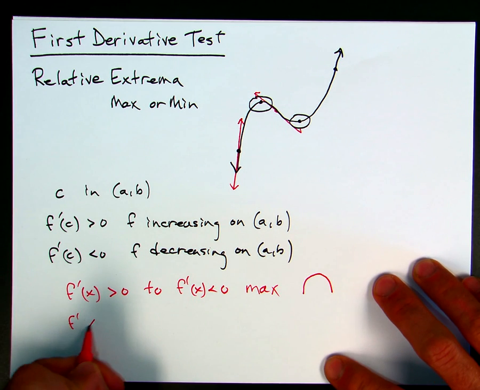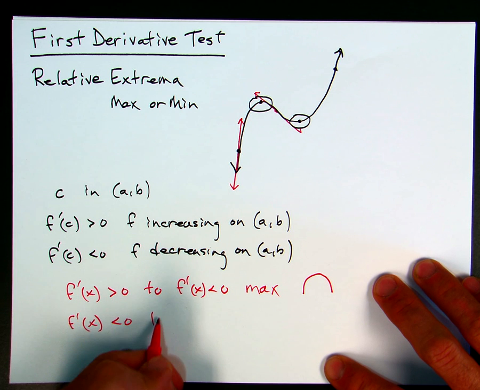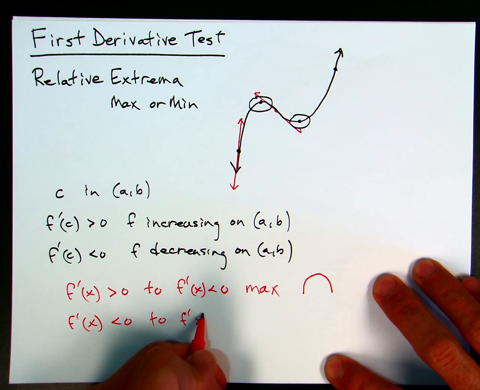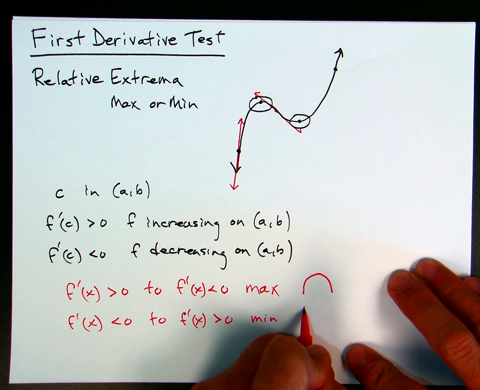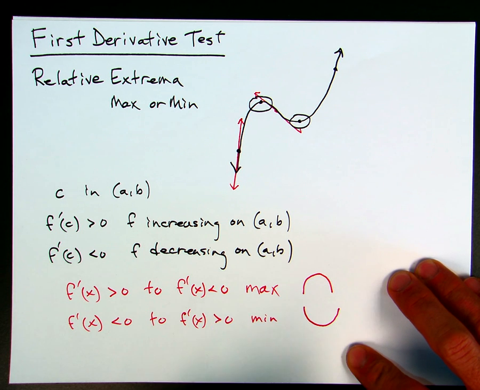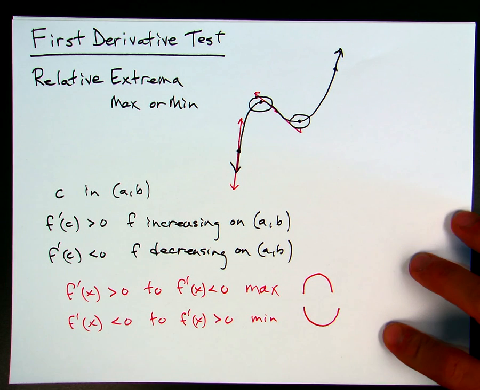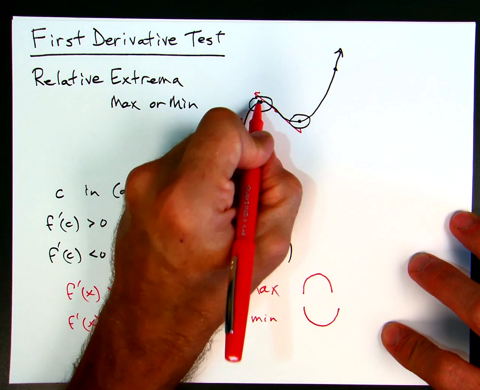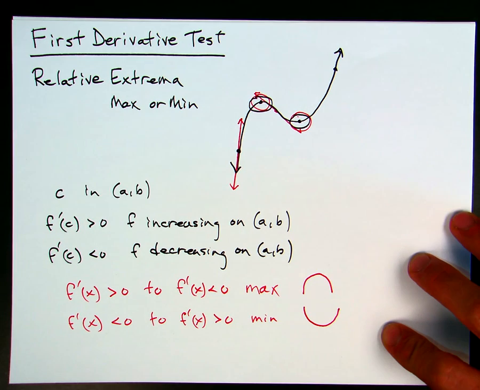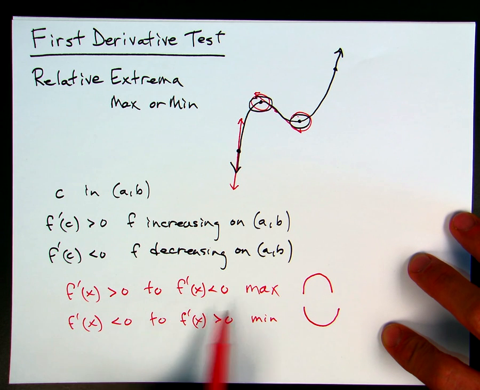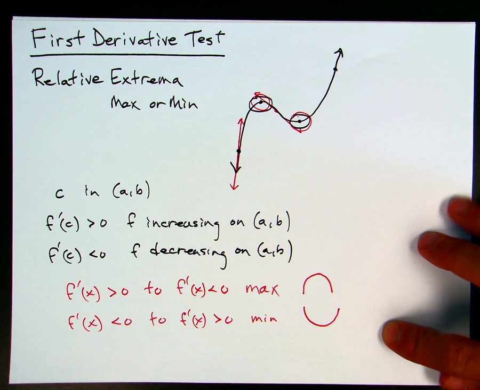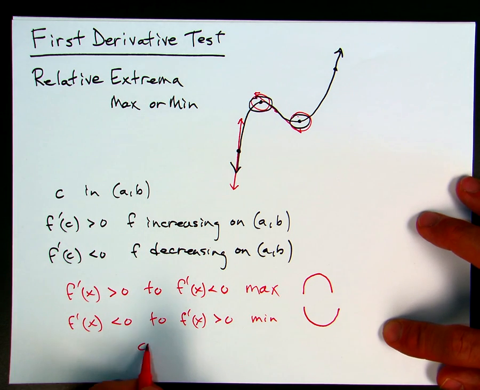Likewise, if it was negative and then it went to positive, then we would have a minimum, because we'd have this decreasing and then it would be increasing. So the question though is, how do we identify these points that we should check on either side of? We want to find these points and check on either side of them to see if the derivative is positive or negative. Well, we've already talked about those. Those are our critical points.